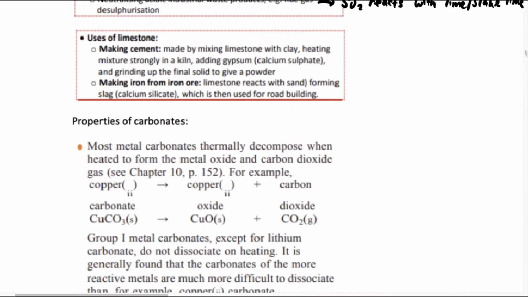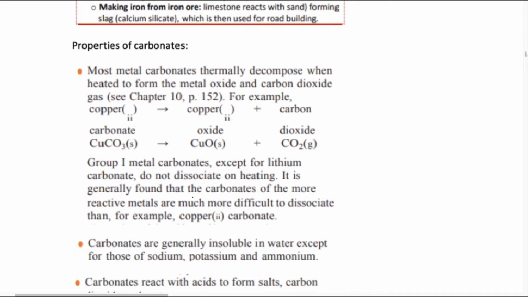Okay, so properties of carbonates. Most metal carbonates thermally decompose when heated to form the metal oxides and carbon dioxide gas. For example, you can see here, copper(II) carbonate, you heat it, copper(II) oxide is obtained, then another product, carbon dioxide.